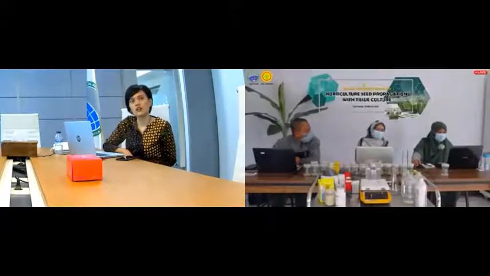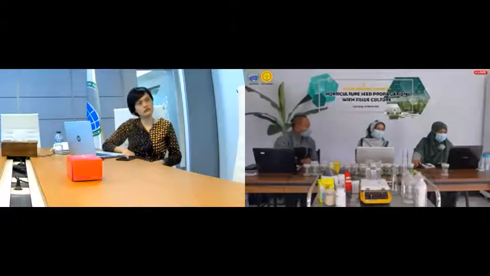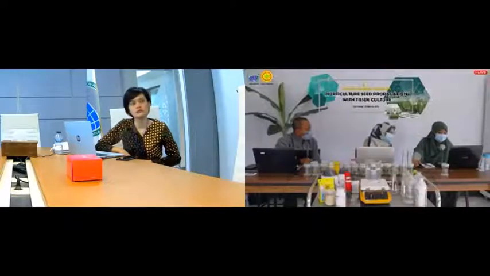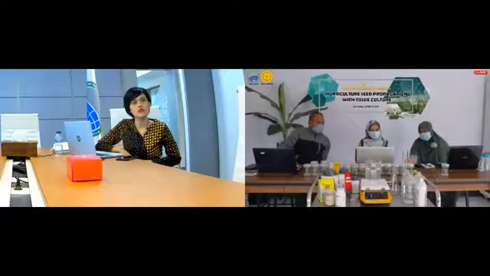And before that, we have to make sure that the plantlet is also clean when we take it from the bottle. If there's still added media on the root of the plantlets that we take from the bottle, it is a good media for the fungi and the bacteria to grow.